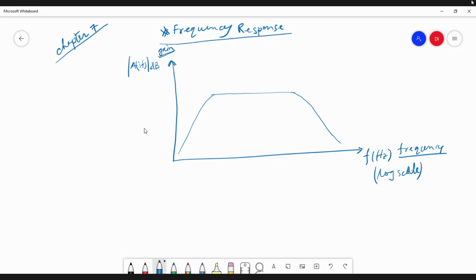This portion, if we dot it, is a flat area.